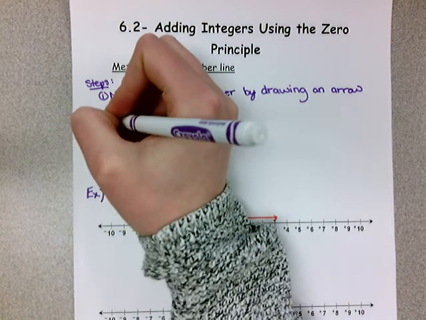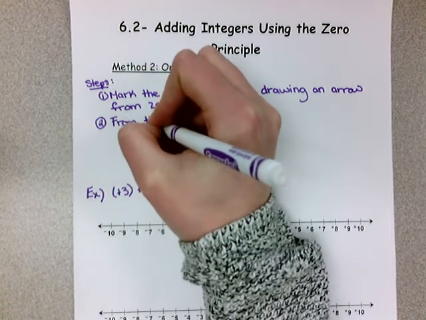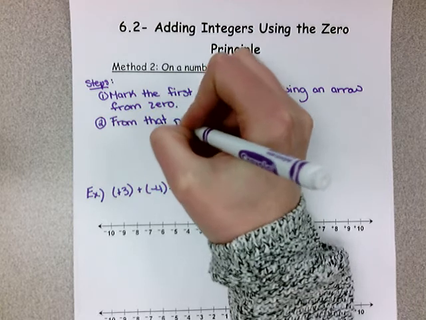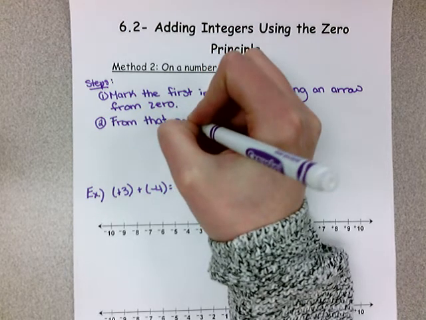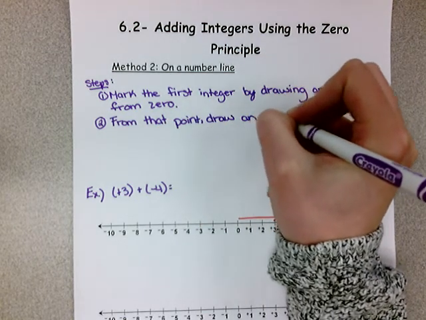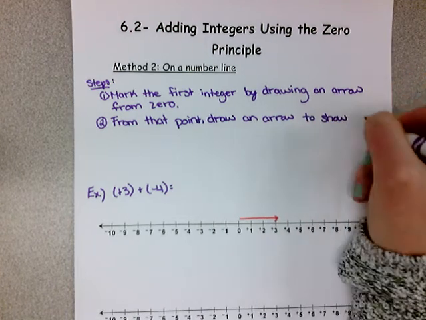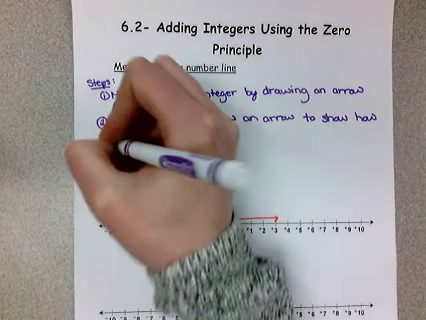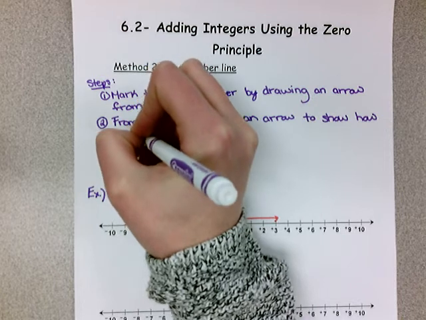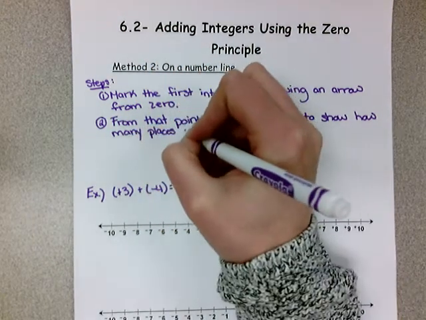So step 2 is to, from that point, draw an arrow to show how many places the second number moves.